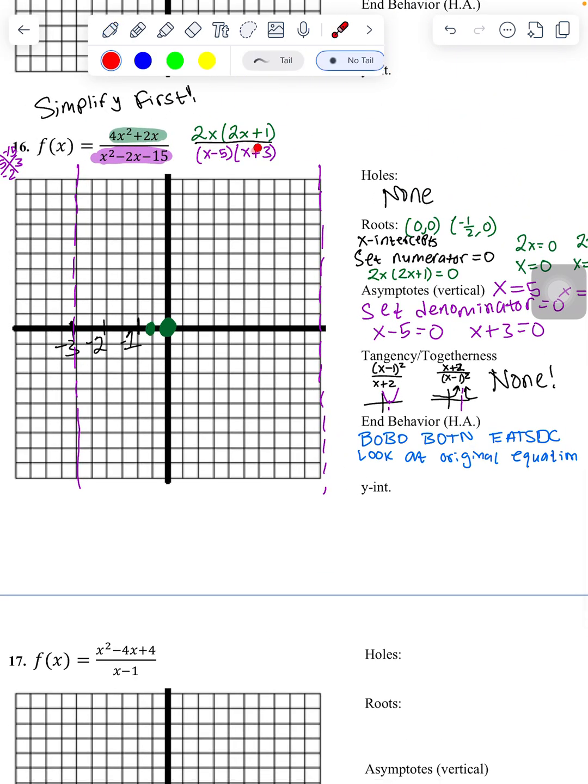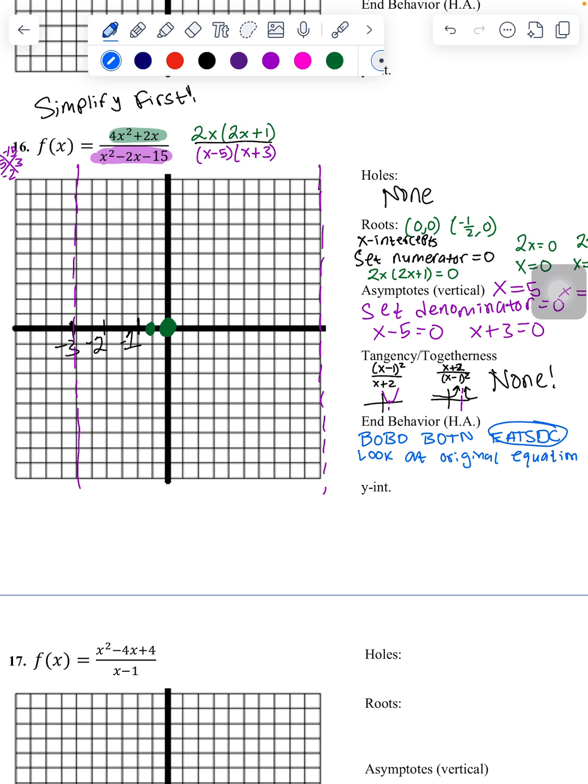It's sometimes hard to see, or if you don't remember how to count exponents and figure out what the power is from the factored version of your equation, it's easier to look at the original equation to see what the power is on the top and the bottom. And what I notice is I have a power of 2 on top and a power of 2 on bottom. So I'm part of that eats DC part.